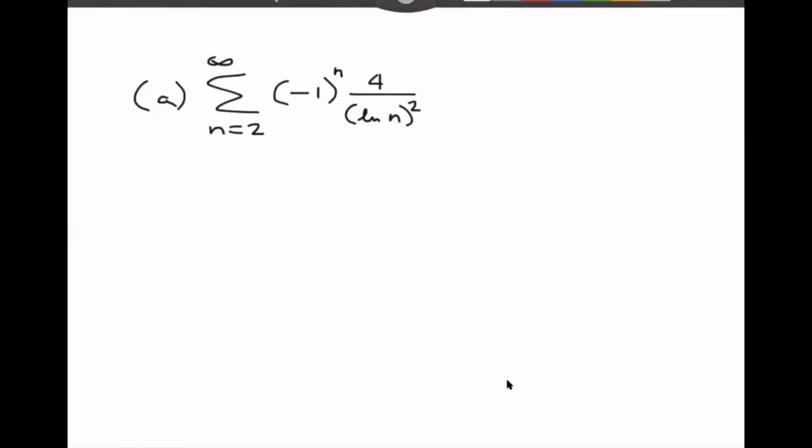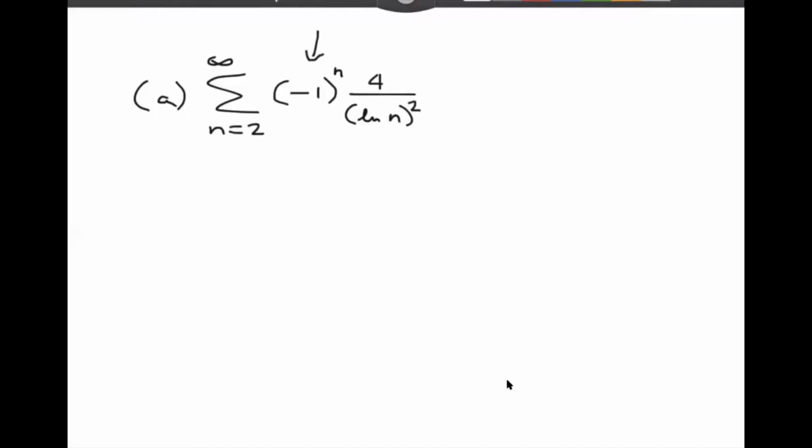All right, so here's the first example where we will determine whether this series converges or diverges. Notice that it is an alternating series. As we've talked about before, (-1)^n or (-1)^(n+1) is what gives you the alternating signs.